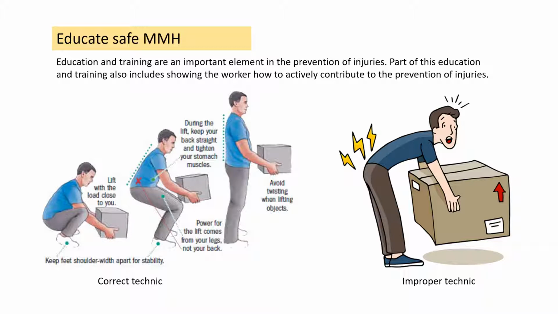For example, we may teach our workers to have good stability during lifting activity. Their feet should be shoulder width apart, with a stable base, and they can use the lower limb muscles plus their back muscles by flexing the knees during the lifting.